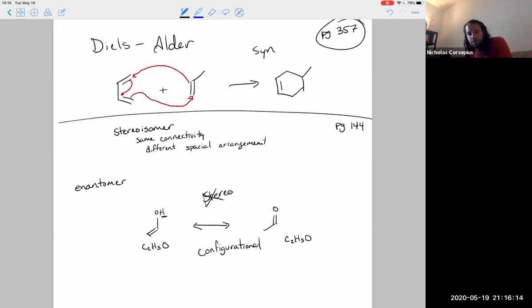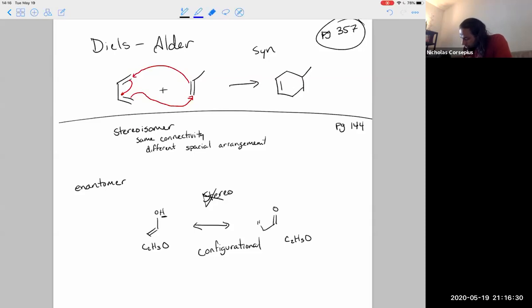Here, the hydrogen is bound to this oxygen, whereas here, that extra hydrogen is bound to that carbon, right? So these would be configurational. If you have the same connectivity of atoms, then you're a stereoisomer, okay?